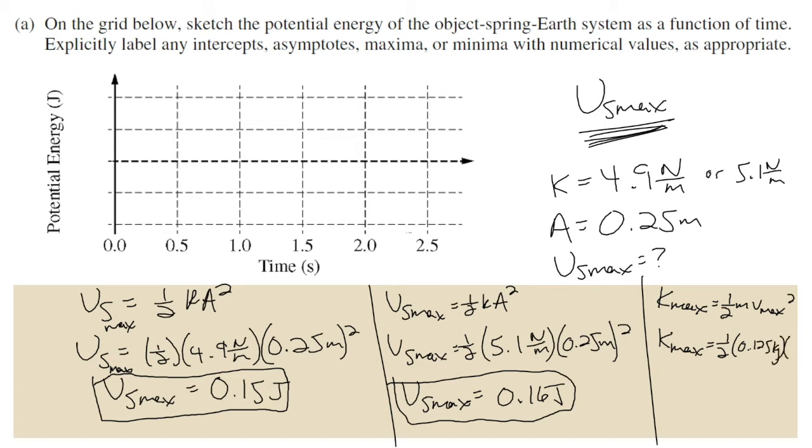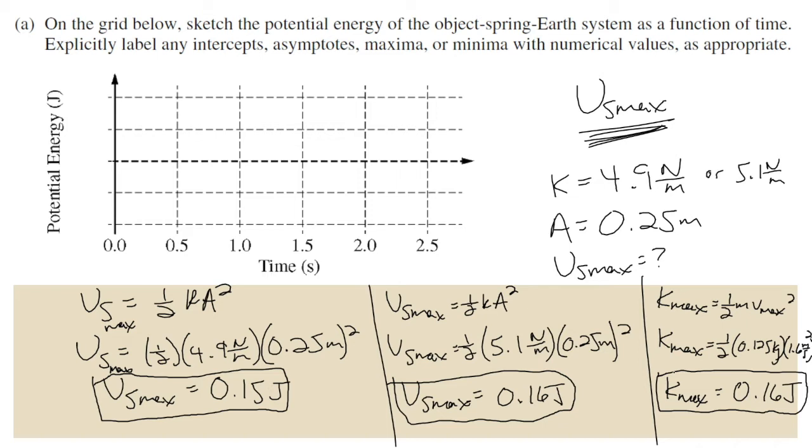But either way, we could take 1/2 of 0.125 kilograms times 1.6 meters per second squared. That's our v max. And we square it. And then when you do that math, plugging it into your calculator correctly, you get 0.16 joules. So either way, no matter which of these three methods you used, how you found the spring constant, how you calculated the energy, your answer is somewhere around 0.15 or 0.16.